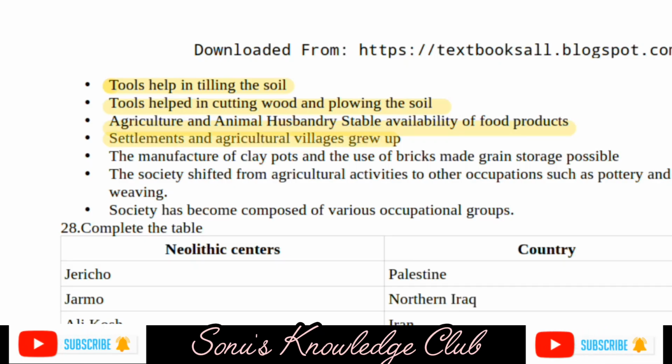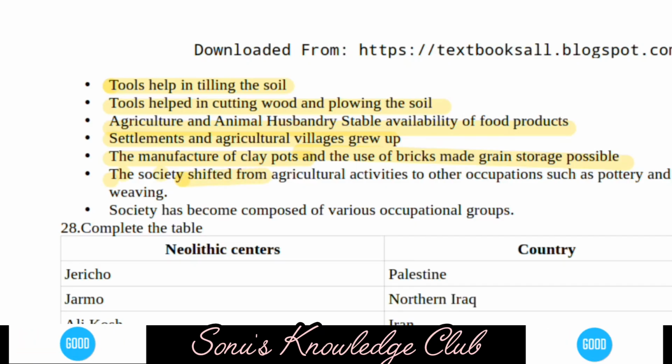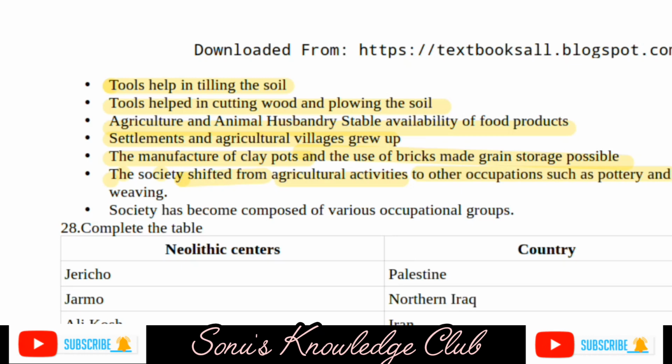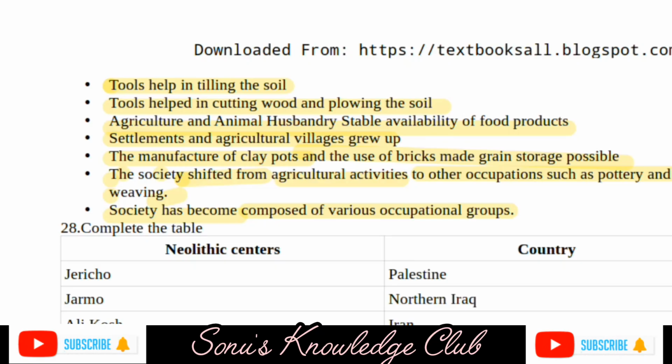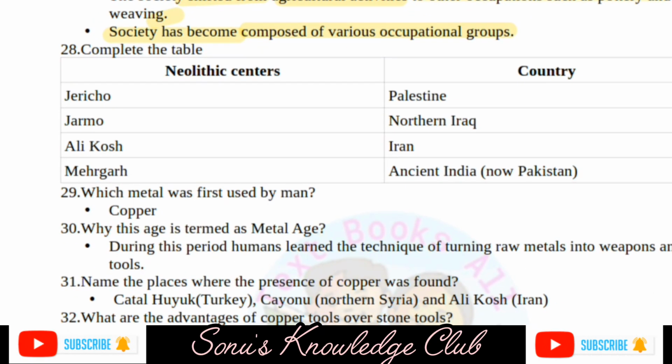Settlements and agricultural villages grew up. The manufacture of clay pots and the use of bricks made grain storage possible. The society shifted from agricultural activities to other occupations such as pottery and weaving. Society has become composed of various occupational groups.